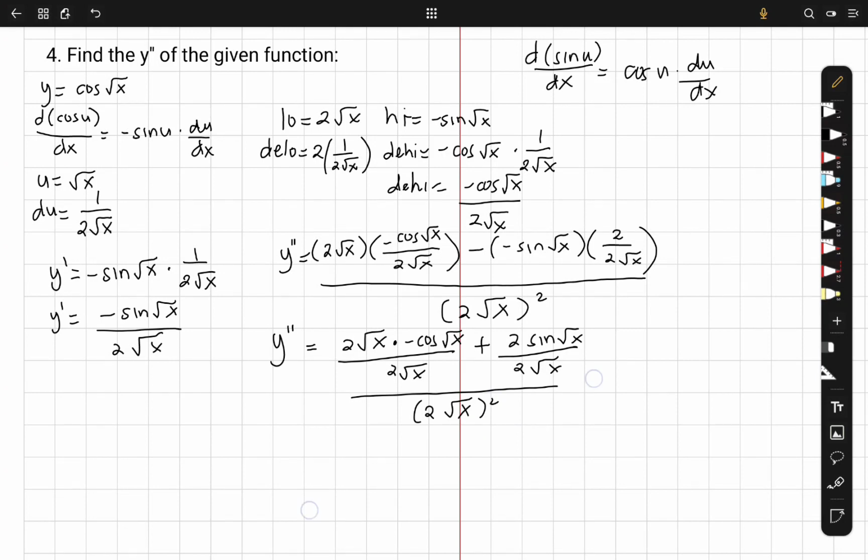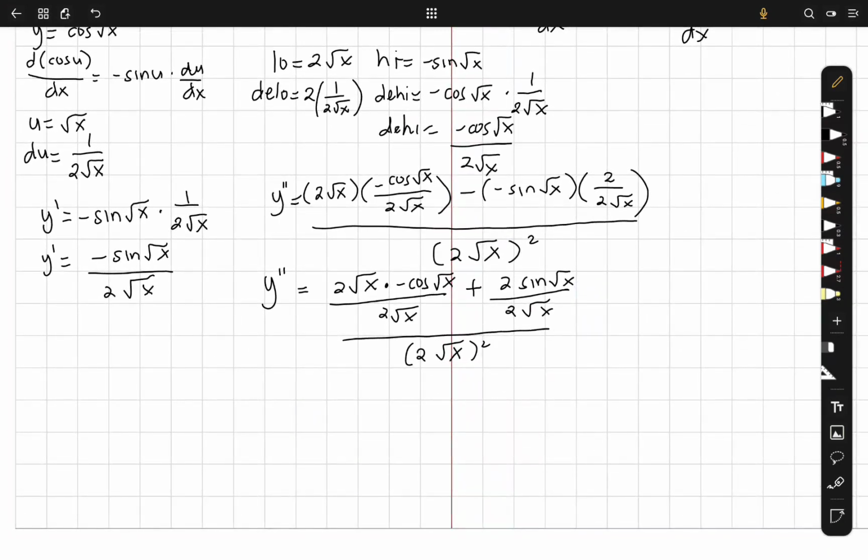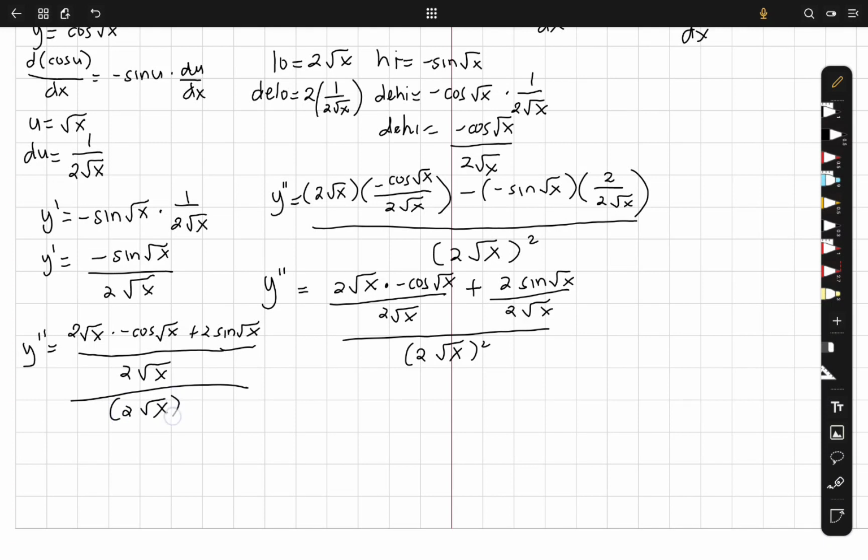Of course, we can combine the terms on top, right? They are similar fractions. Why are they similar fractions? Because they have the same denominator. So, we could say that y double prime is equal to 2 square root of x multiplied by negative cosine square root of x plus 2 sine square root of x, all over 2 square root of x raised to 2.